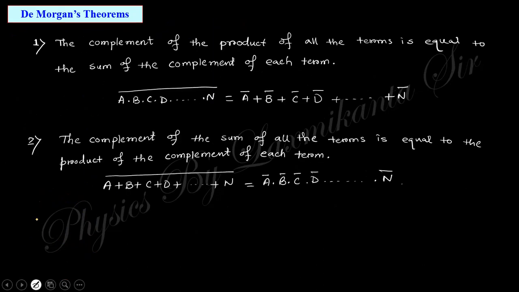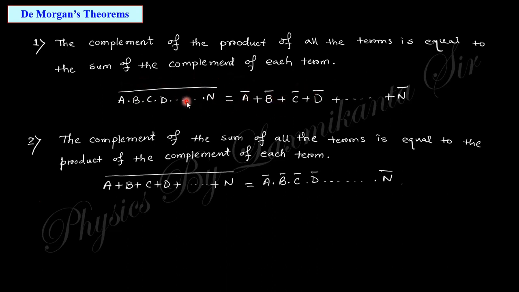Next thing is the De Morgan theorem. This is a very important theorem in digital circuits. If you take the complement of the product of all terms, then this is equal to the sum of the complement of each term. That is, product then complement equals complement then sum.